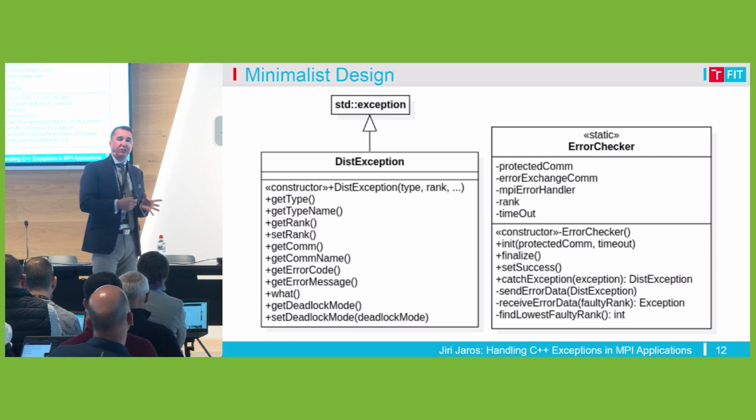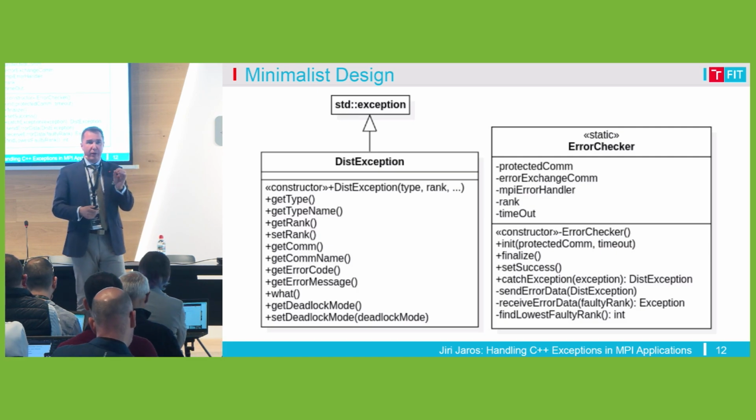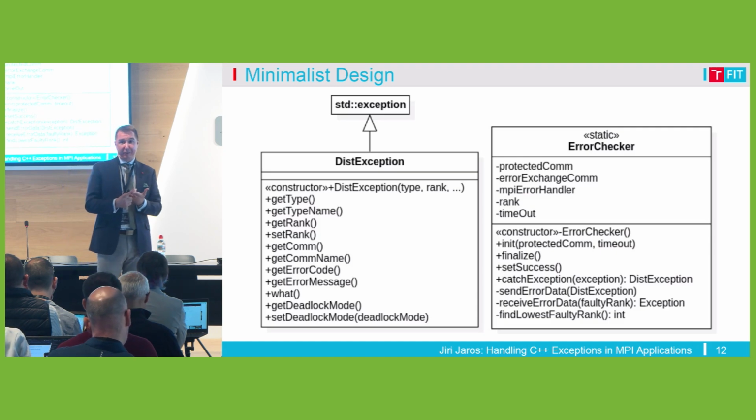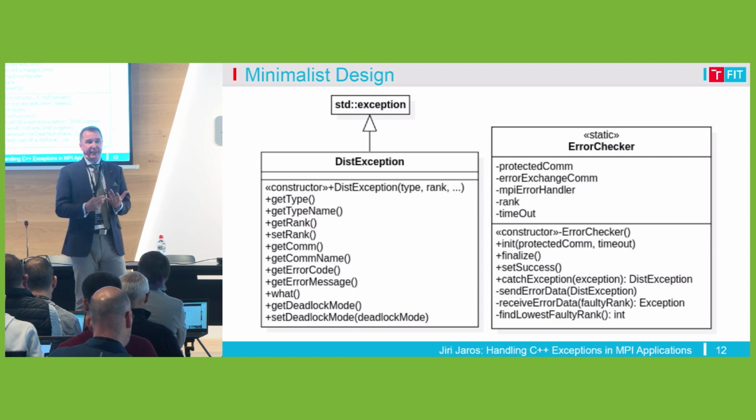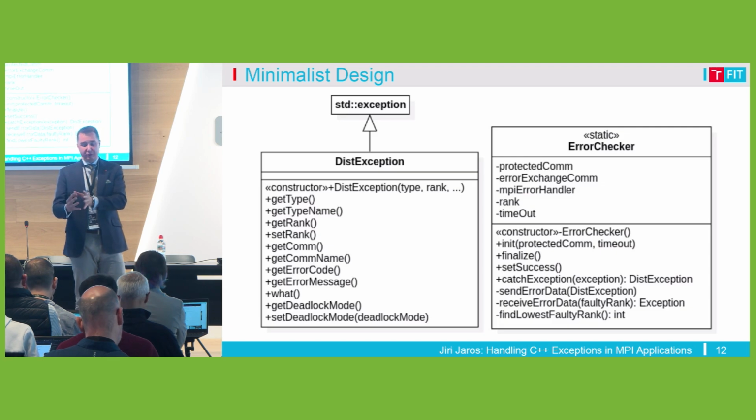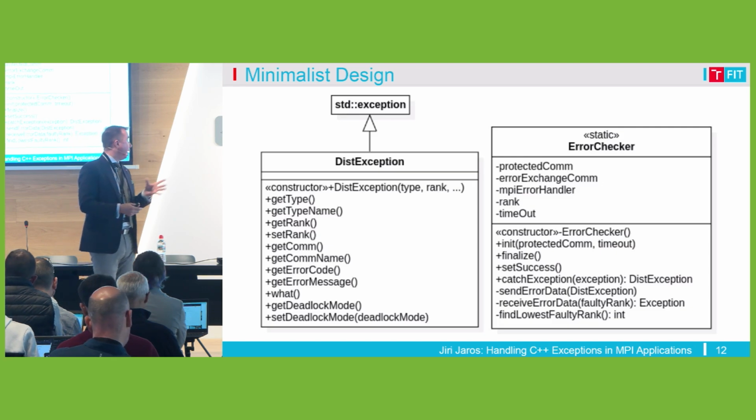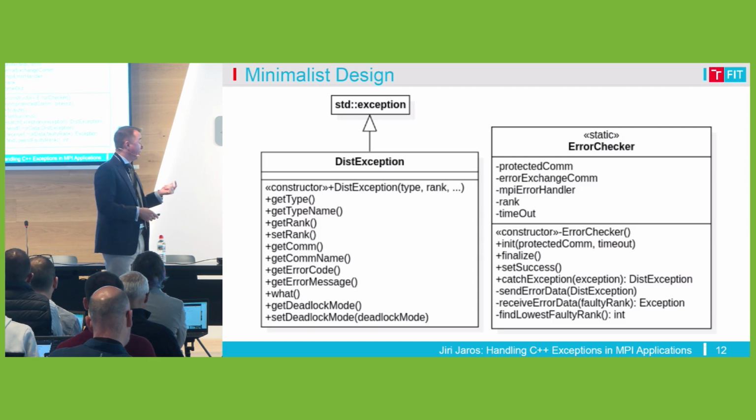Then you always need to know the rank where the exception happened. Then you would like to know the communicator, because applications are composed of multiple communicators, and typically you have a single communicator per, say, module of your code. Then you also want to know the name of the communicator and the error code.